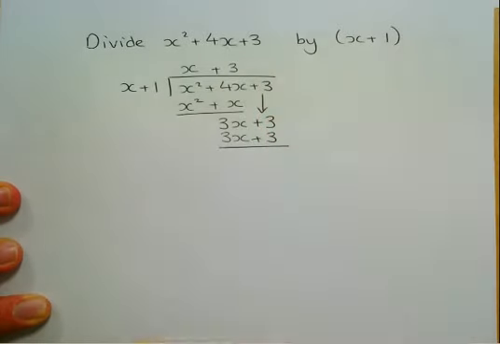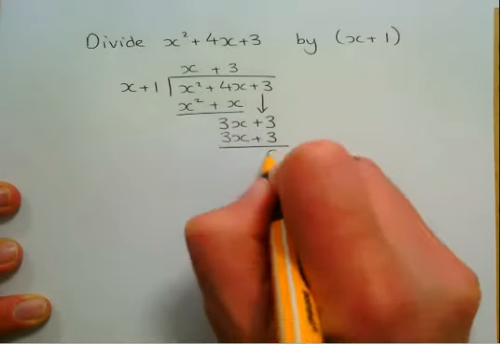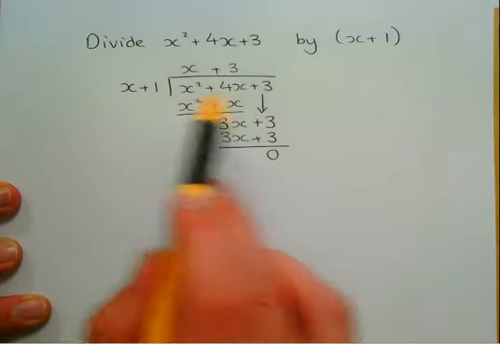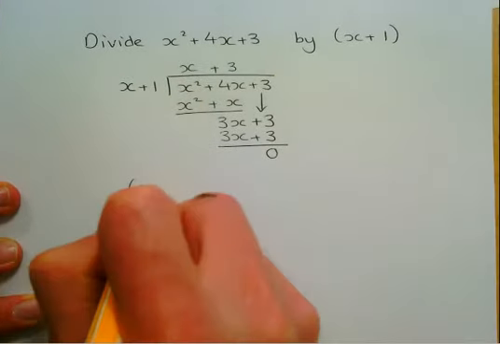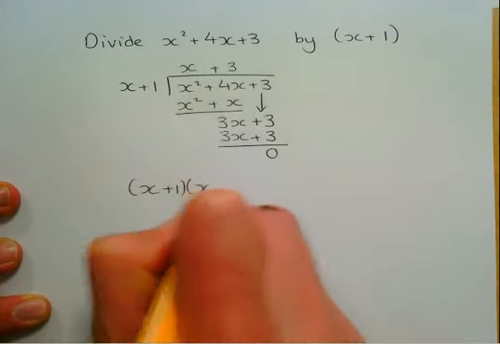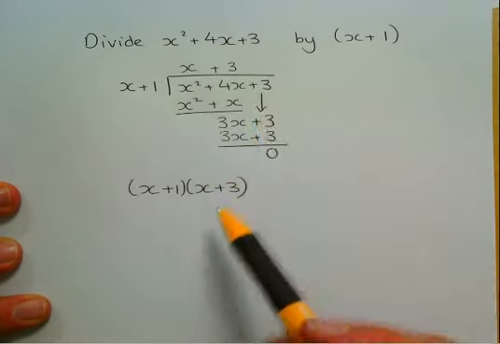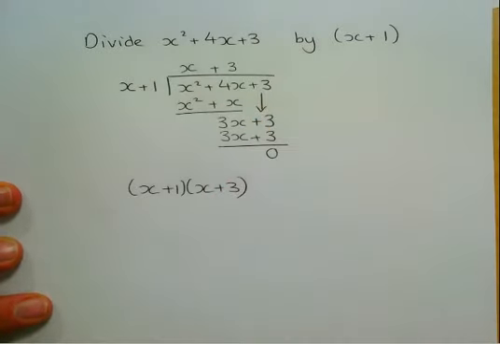Right, and you see I've got exactly the same, so when I subtract them I get a 0 remainder, which proves to me that this fits into here perfectly, and we've got x plus 1 and x plus 3. So we can do that via factorizing, just a nice easy example to explain what we're doing.